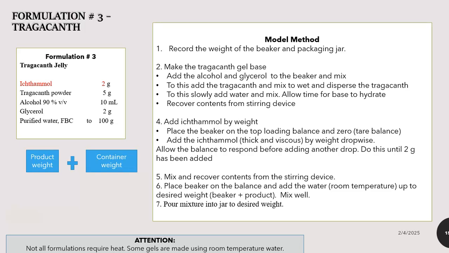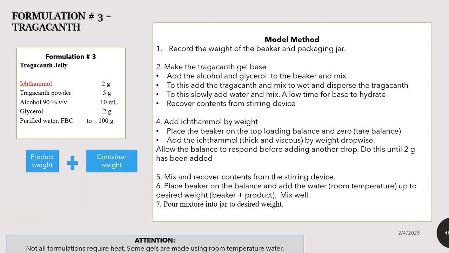There's something you could also do. You could also weigh the ichthymol in a separate beaker of known weight. Make your jelly base as much as possible in a separate beaker and transfer it into the ichthymol and stir. If you do this, you still have to recover everything from the stirring device.